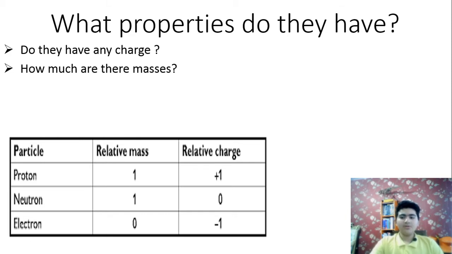The protons give the nucleus a positive charge, because the neutrons are neutral and protons have a +1 charge, so the sum of all the charges in the nucleus is positive.